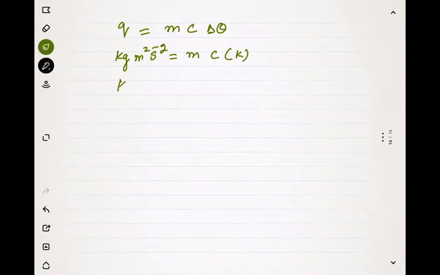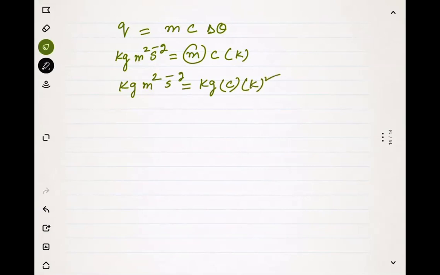So smaller c will become kilogram meter square second minus 2 divided by kilogram and Kelvin, because we have used SI base units.